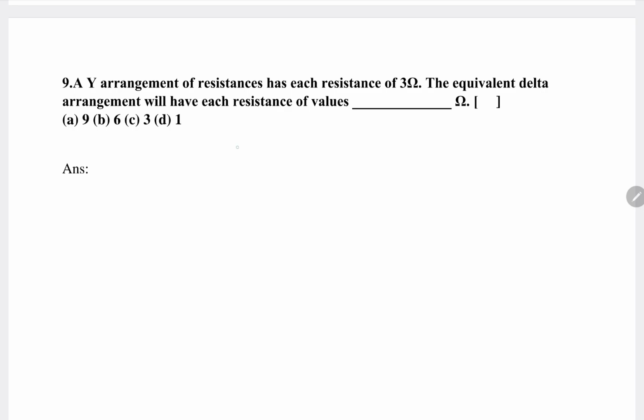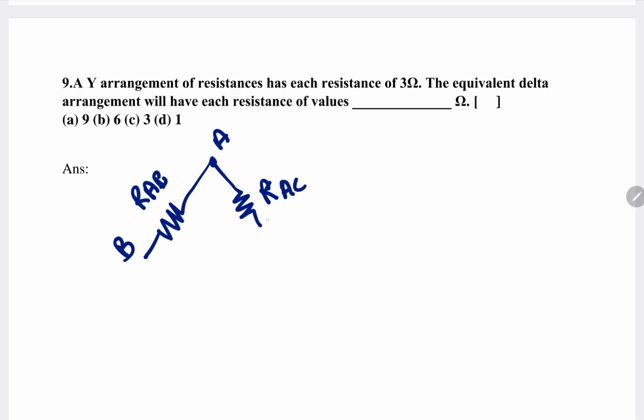Next, let us see delta network. Delta network, equal resistor values have been taken. This is A, RAB, this is B, and this is RAC, this is C, this is RBC.